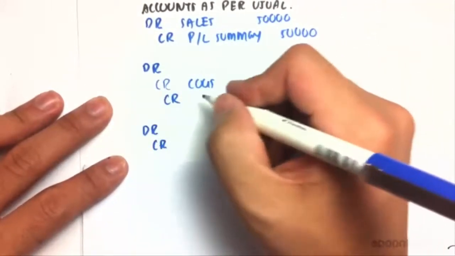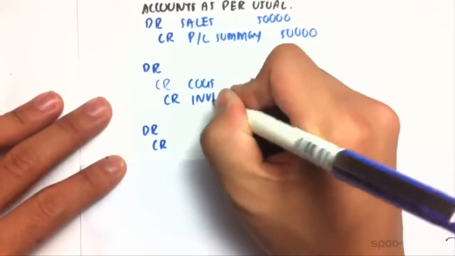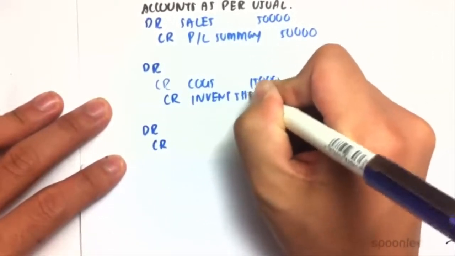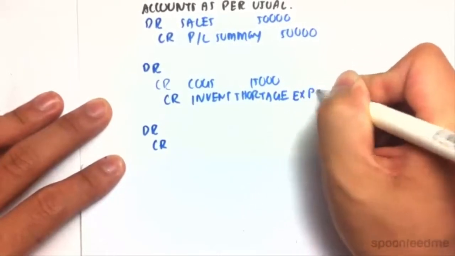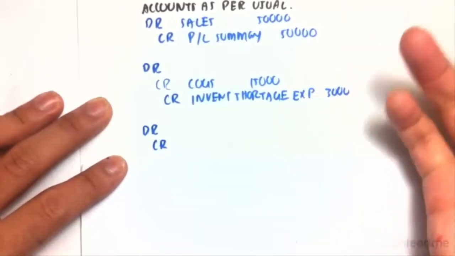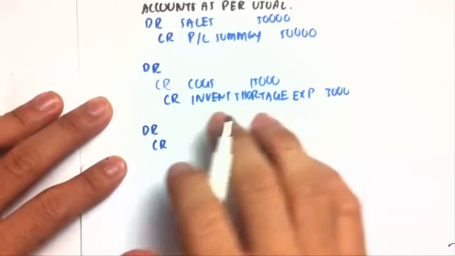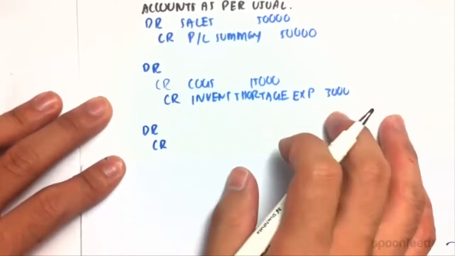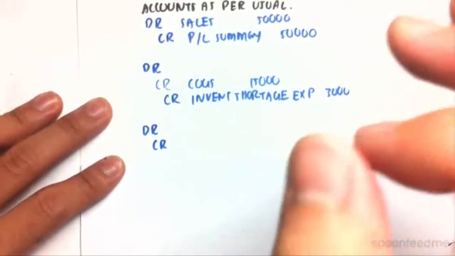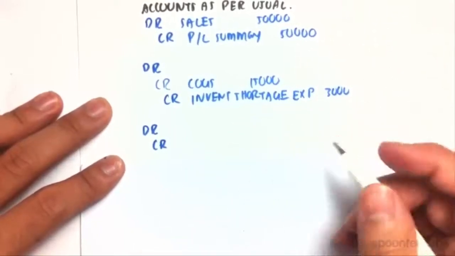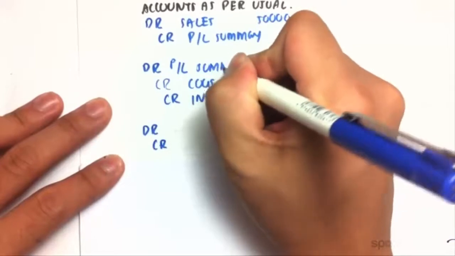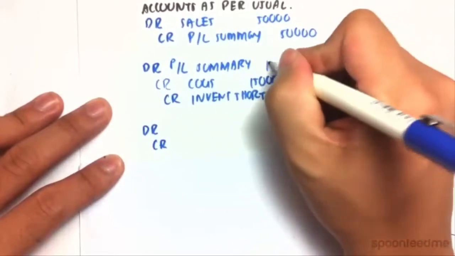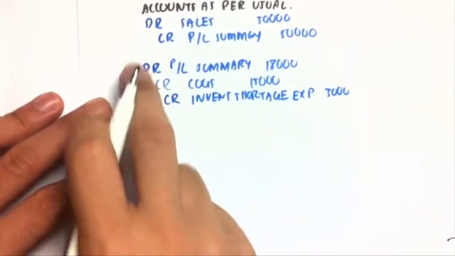And then we also credit our inventory shortage expense of 3,000 to make that account 0, because before it was a debit of inventory shortage by 3,000. So if we credit by the same amount, the balance is 0. So then we close it off, and we put that all to P&L summary of $18,000. So the debit should equal credit.